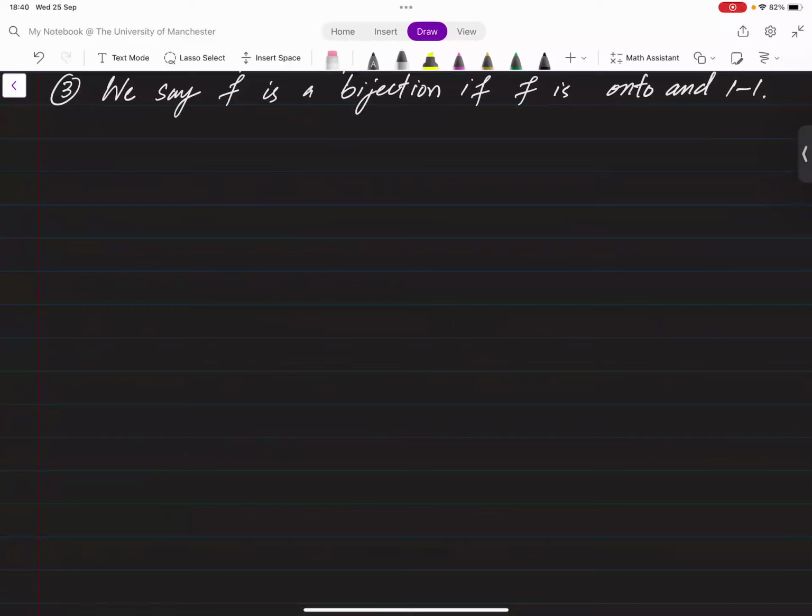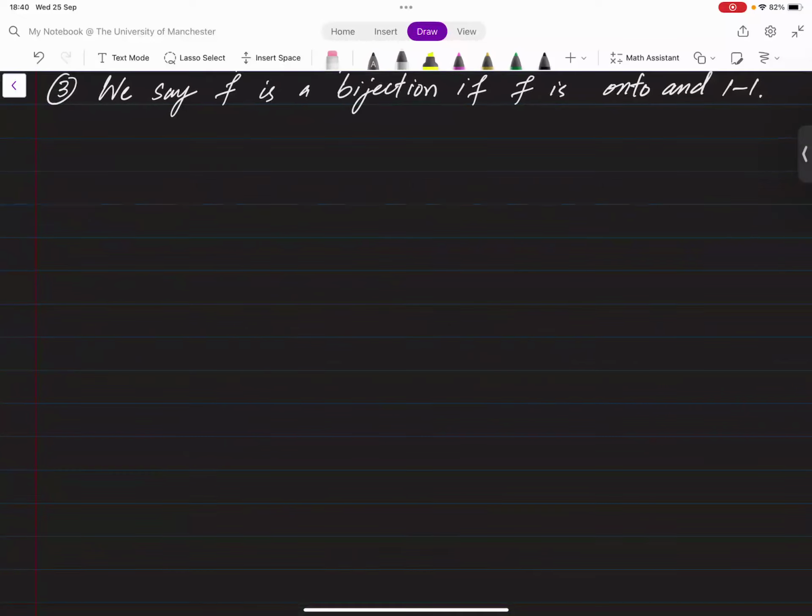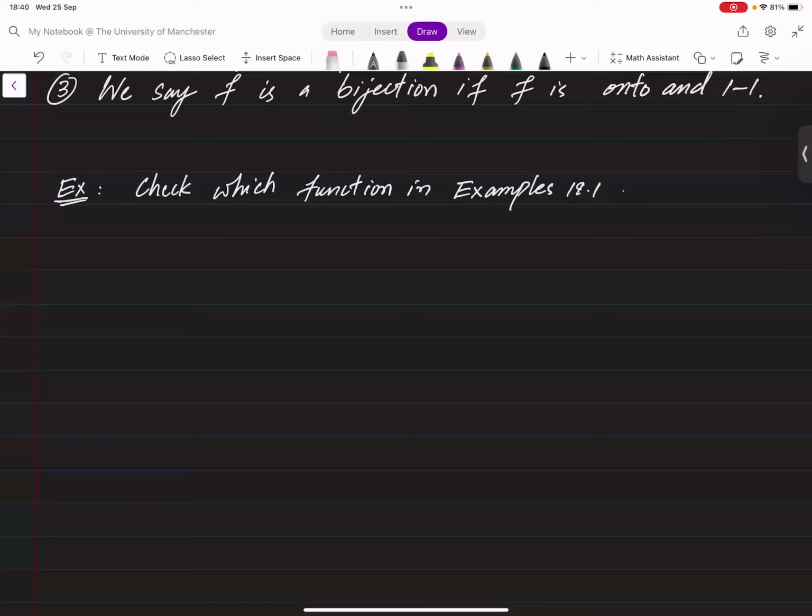So, example: check which functions in example 19.1 are of which type.